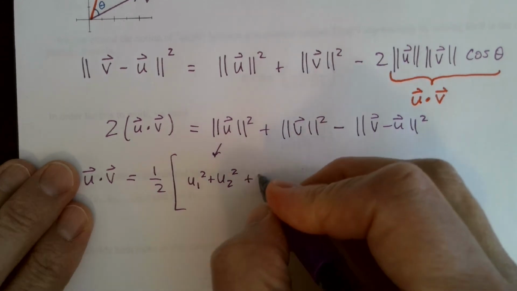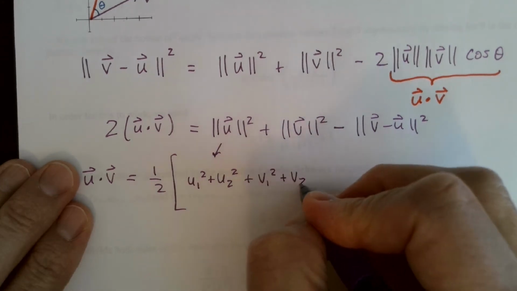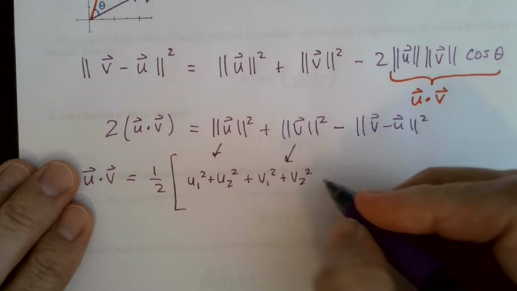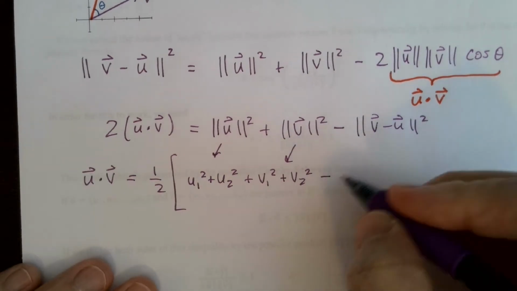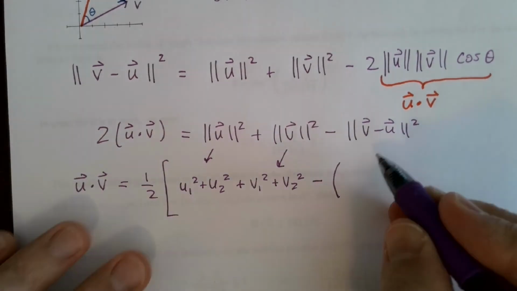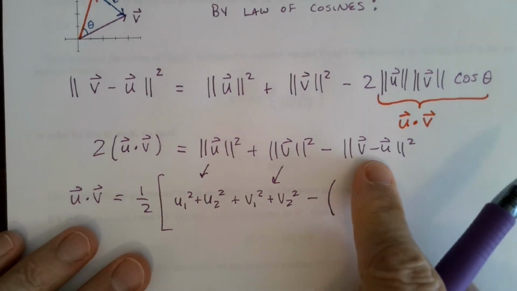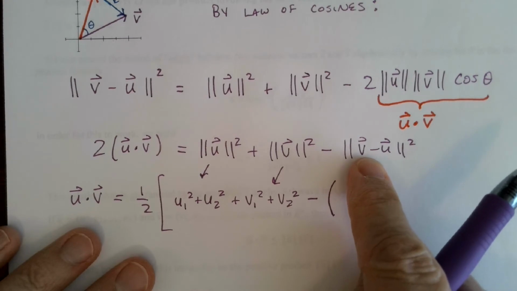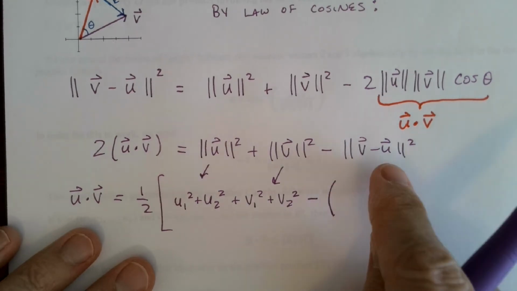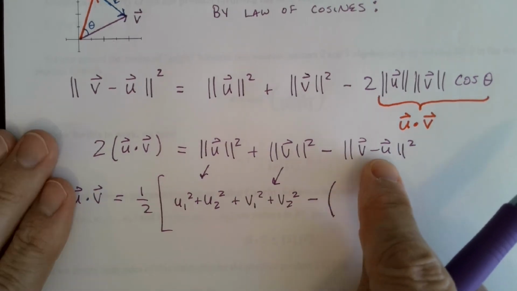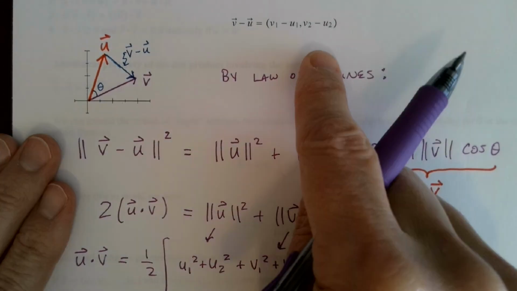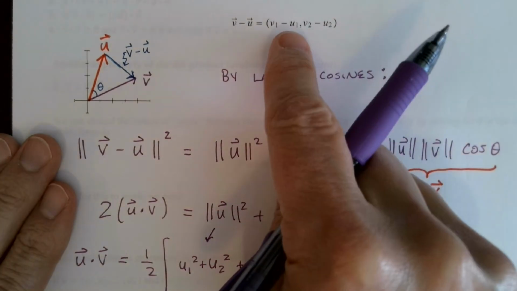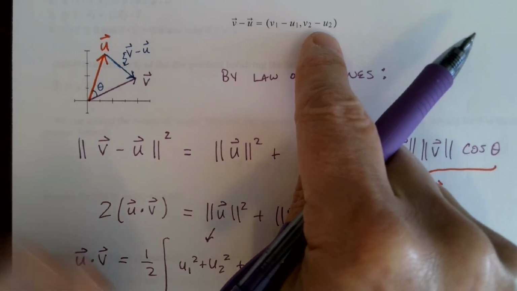Well, that's going to be v1 squared plus v2 squared. And then I'll put in parentheses here, what's this thing going to be? Well, it's going to be the norm of this vector squared, again, just like over here, the sum of the squares of its components. What are the components of v minus u? The components of v minus u are these. So it's this squared plus this squared.